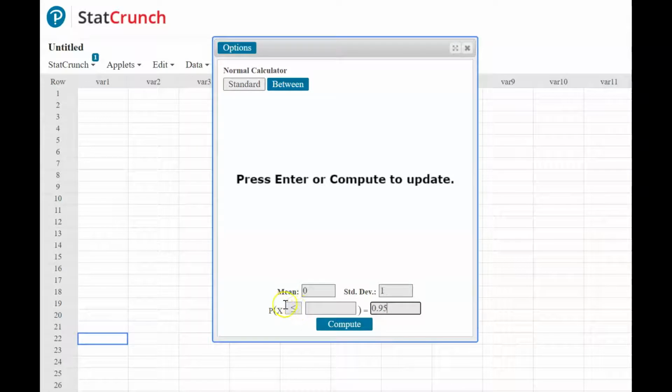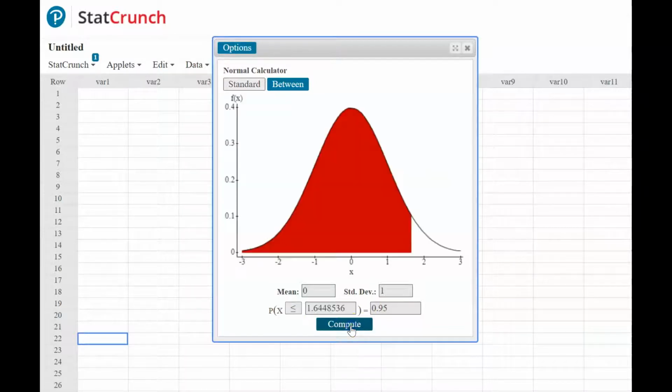In this case, we are looking for the area to the left of the z-score, so the sign is less than or equal to. If the area is on the right of the z-score, click on the sign and choose the greater than sign. Click Compute. The z-score that separates the 95% of the area to the left of that z-score is 1.645.